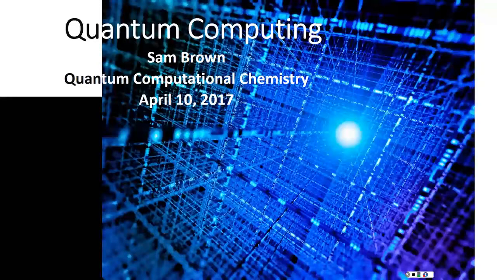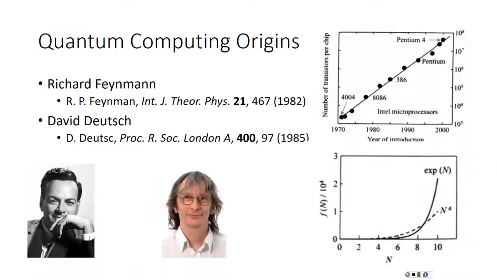Yep, so I'll be talking about quantum computers. Just kind of an origin. We all have heard of Moore's Law, where the number of processors on a chip increases exponentially with time. Here's just kind of an example of that. But at some point, this is going to reach a limit due to size restrictions and quantum effects, as you get smaller and smaller within the chip.